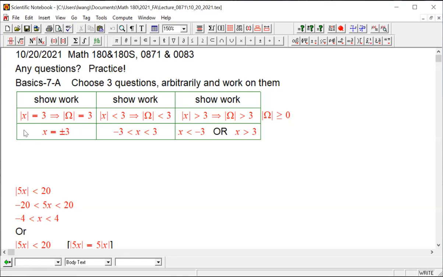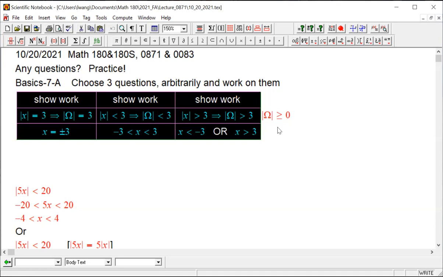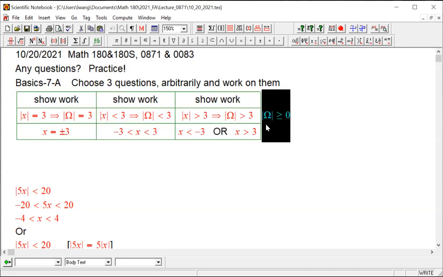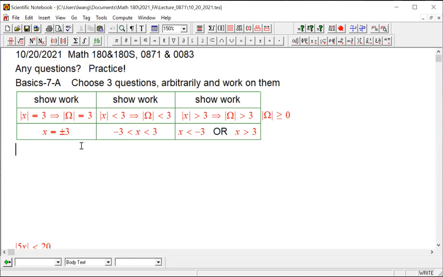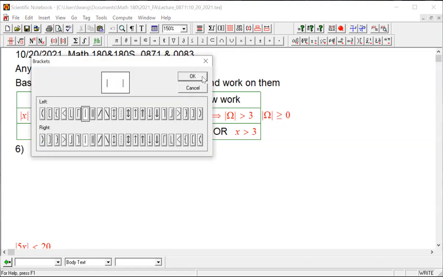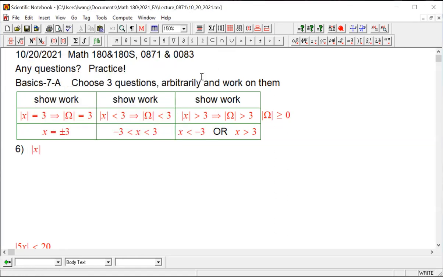So in most cases, you'll be applying these three types or applying that, like the example we've done before. But sometimes I see these kinds of mistakes. Very, very common. Take an example, number 6: absolute value of x plus 1 is greater than or equal to 1.